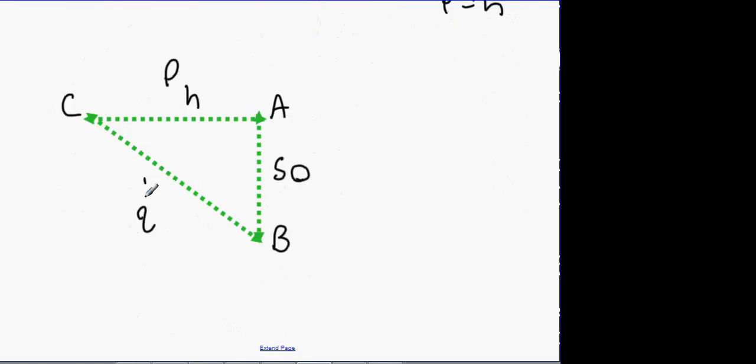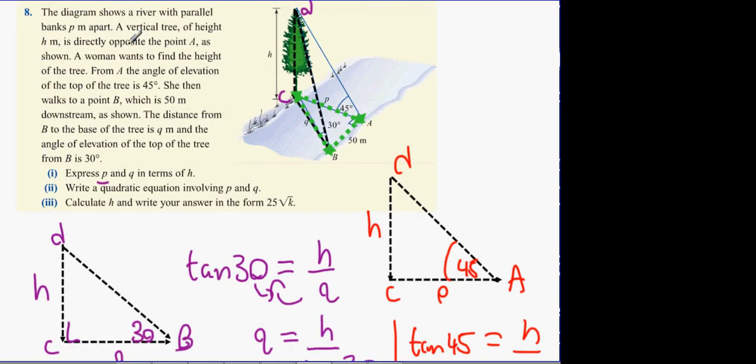Root 3H. Now guys, the question I'm going to ask you here is, I have 3 sides and I have absolutely no angles. Is there anything in the language of the question that will get me an angle? Look. Very good.